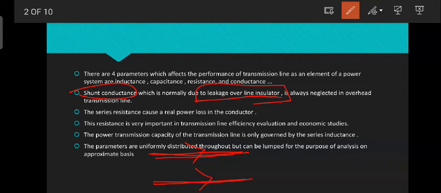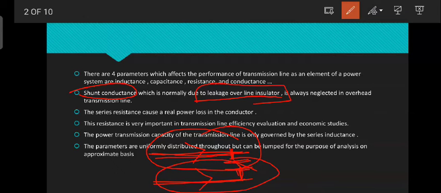The distance between them gives a shunt capacitance, and there is ionization of gas. This ionization of gas can cause leakage of current from this to this through the shunt conductance, which is very negligible.